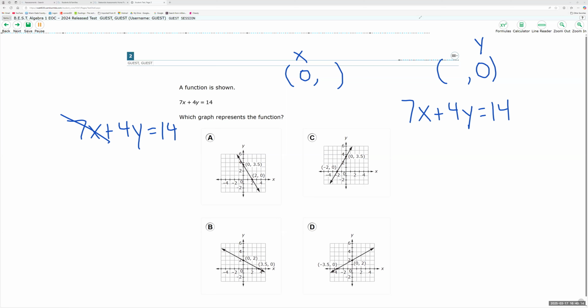So now divide by 4, and y is equal to 14 over 4. That's 7 over 2, that's 3.5. You have a calculator function here, but it's 3.5. So when x is 0, y is 3.5.